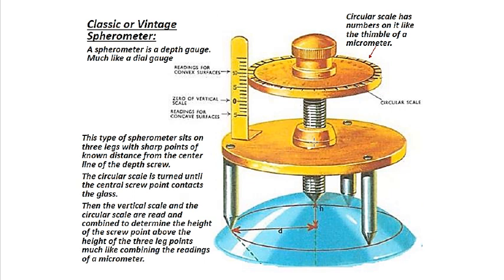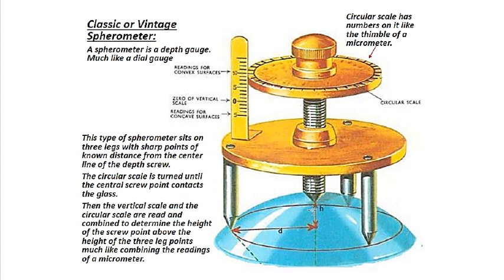And here you can see the central screw. And this is your circular scale. You see all the numbers on the surface of the scale, and it works like your micrometer, your thimble. That's your circular scale. And this screw you can move up and down.